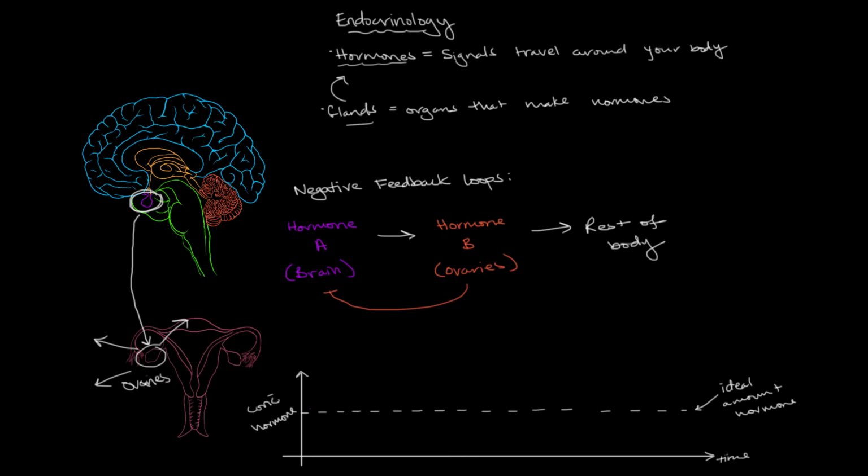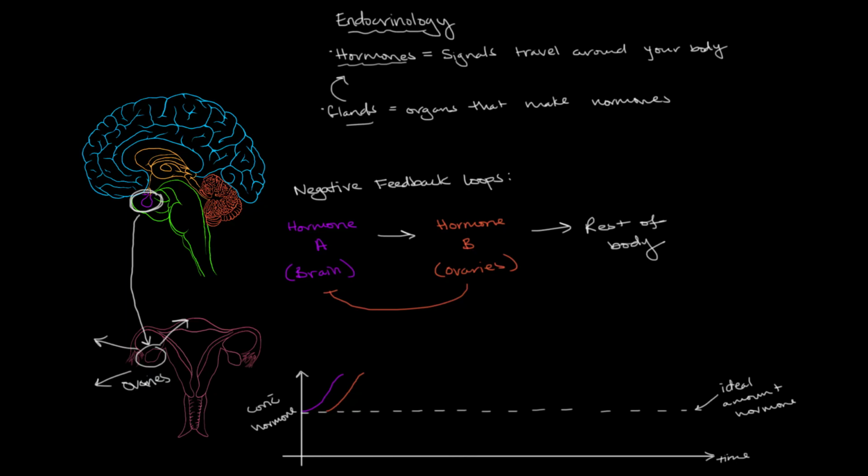And so if we look at hormone A over time, it will start increasing, let's say. And as it starts increasing, hormone A causes hormone B to be released in the ovaries. So as it starts increasing, hormone B starts increasing.